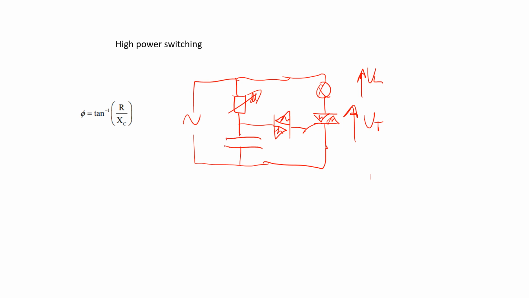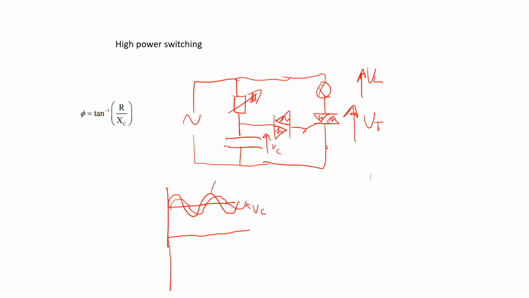So I'll just show you the graph very quickly. This is my original signal. You'd have the voltage across this one, VC. So VC would be out of phase. You know that one, don't you? I'll label that one VC.